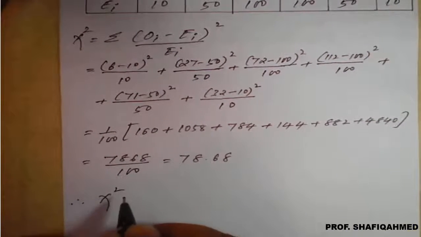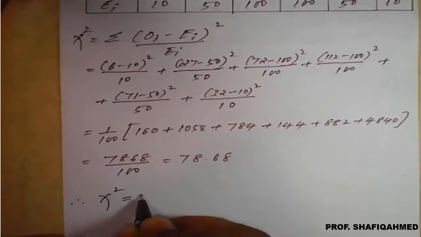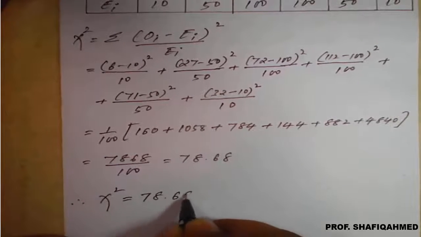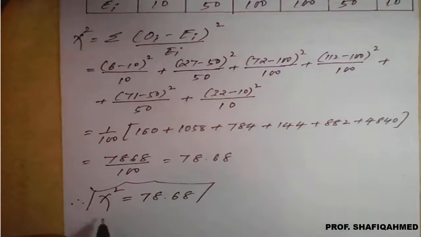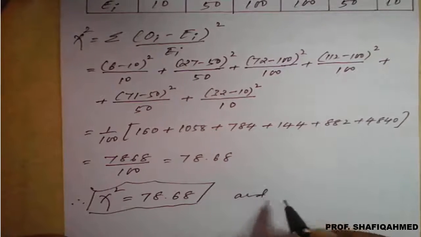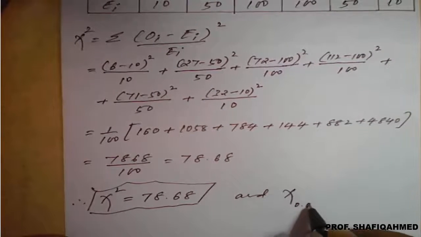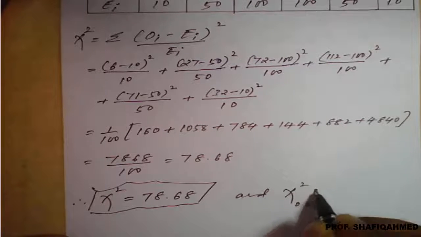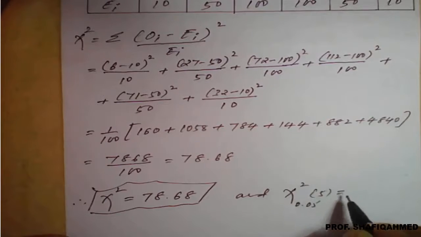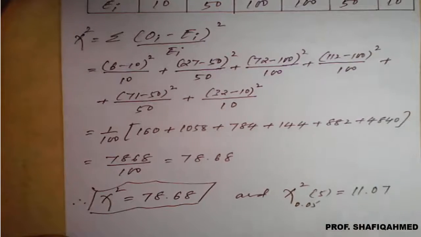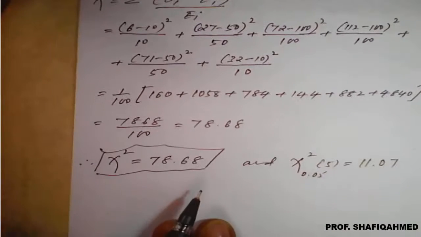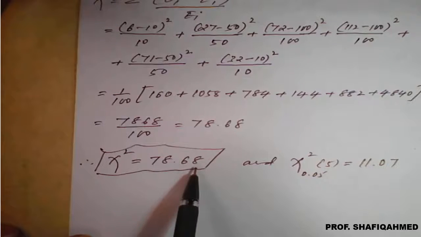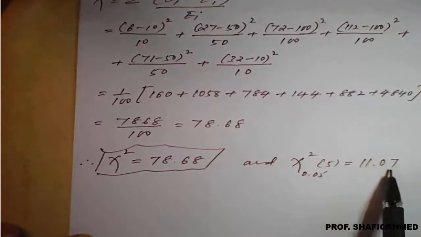So therefore chi-square we got the answer 78.68, and we know that chi-square of 0.05 of degree of freedom 5, which we got from the question itself, is 11.07. So just observe the values here, 78.68 and 11.07.